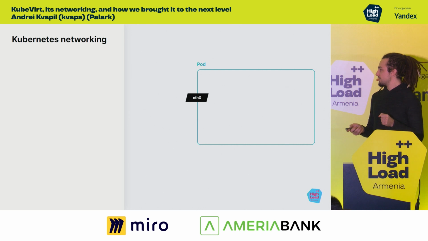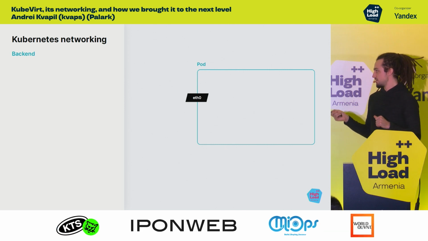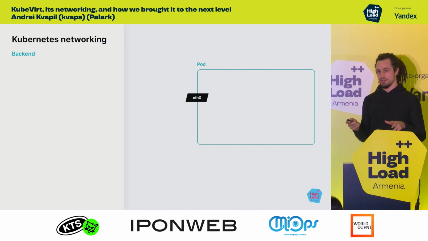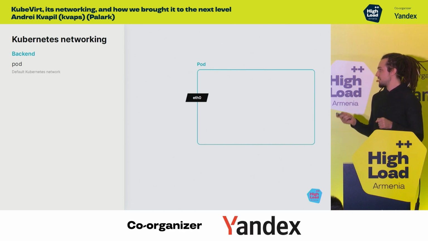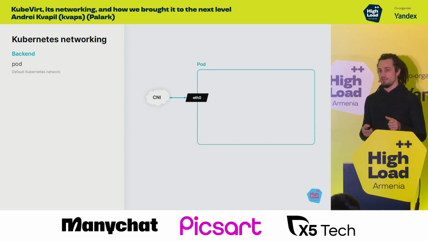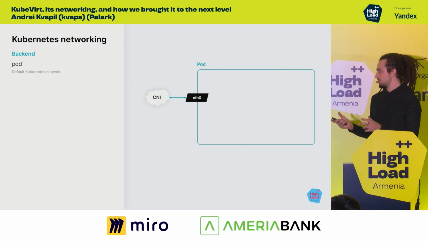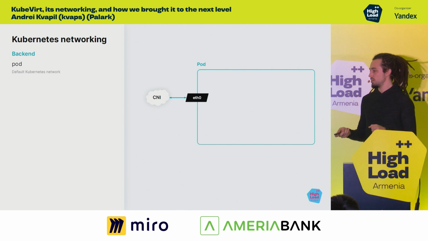The backend means how the interfaces are created for the pod when we create it. Usually that's our standard CNI plugin. When we create a Kubernetes cluster, we can install some CNI plugin, and the same CNI plugin is used for everything. That's called pod networking.